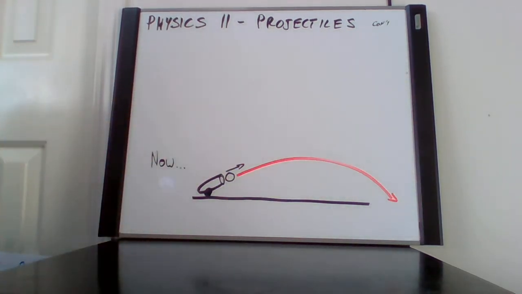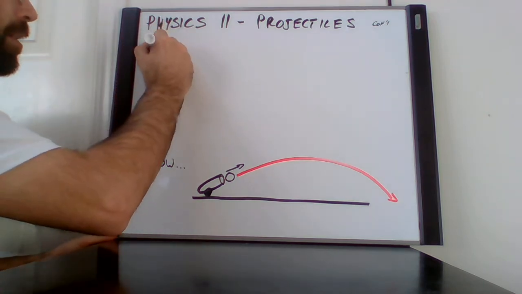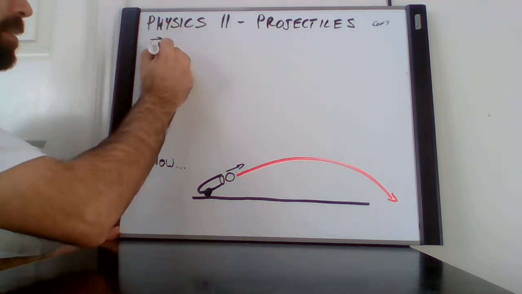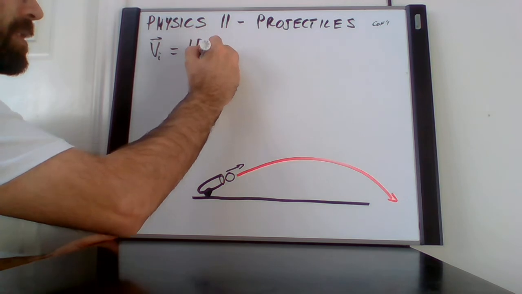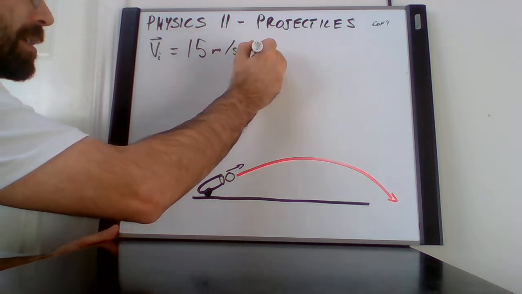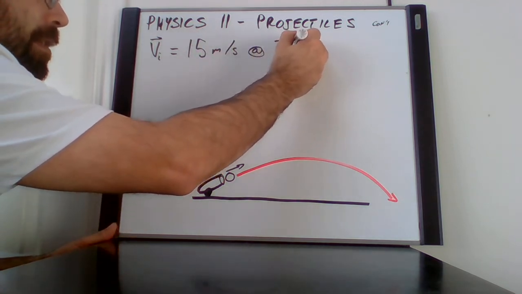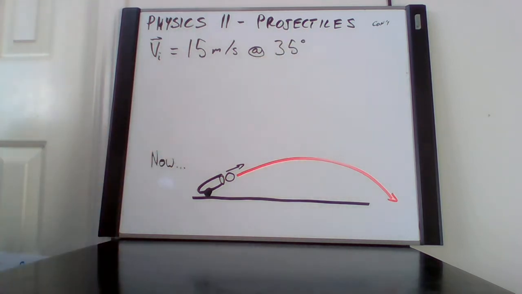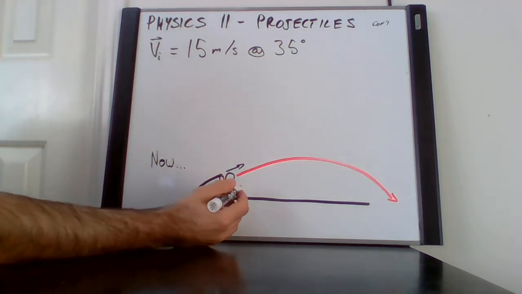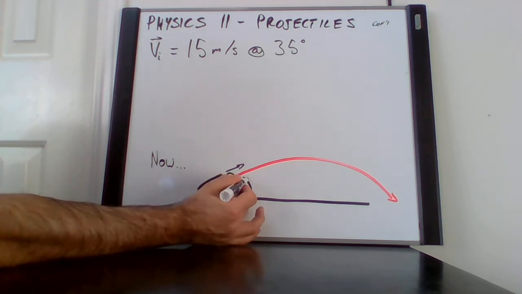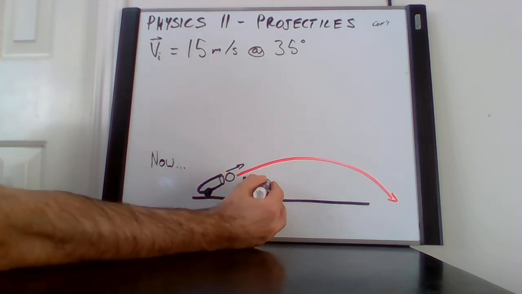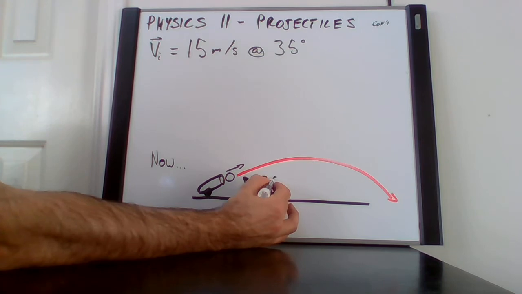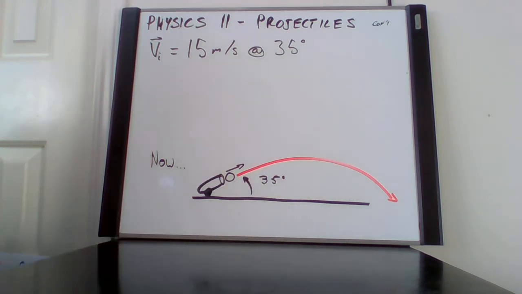So we are told that our initial velocity is 15 meters per second at an elevation of 35 degrees. All that's going to look like is we're launching something in this situation, and we're going to look at this angle in here at 35 degrees.